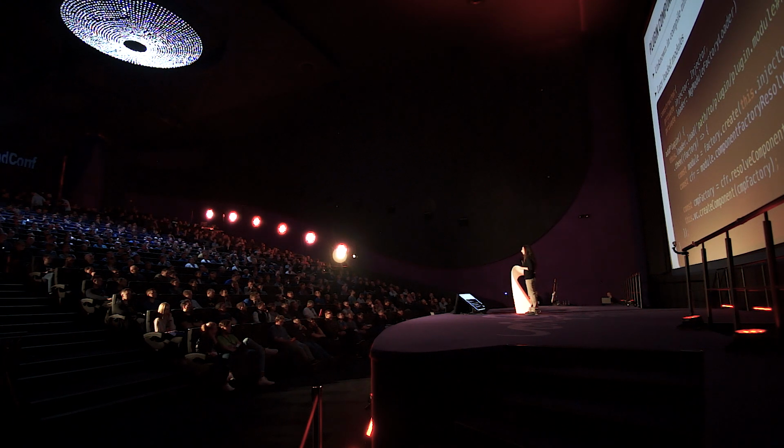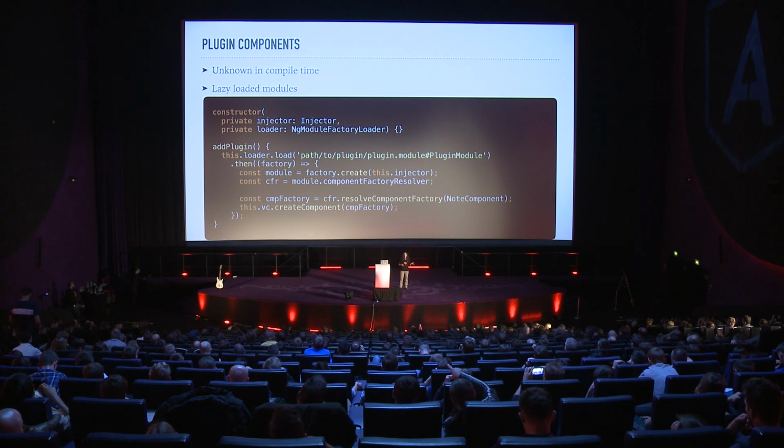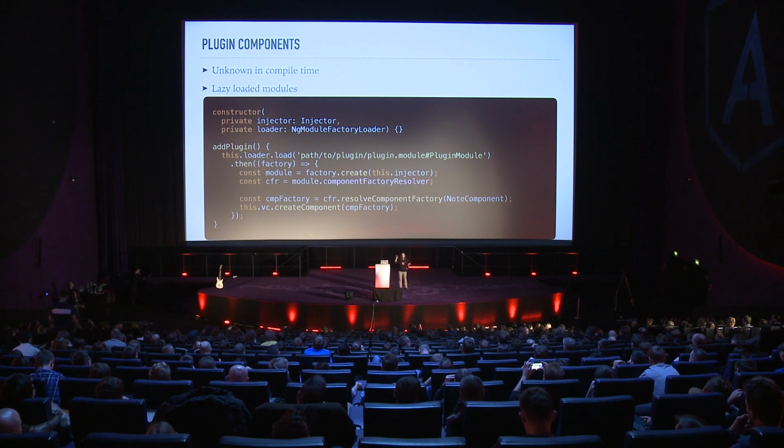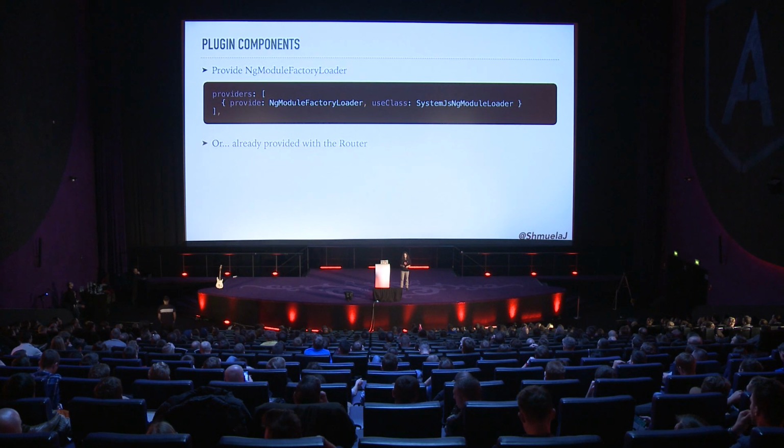This is actually what happens in the router, and the router uses this loader. So if you're using the router, you can just go ahead and inject the loader, and if not, then you will need to provide it specifically.